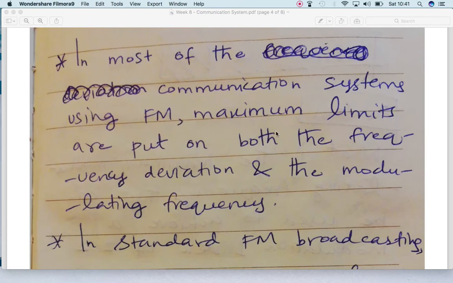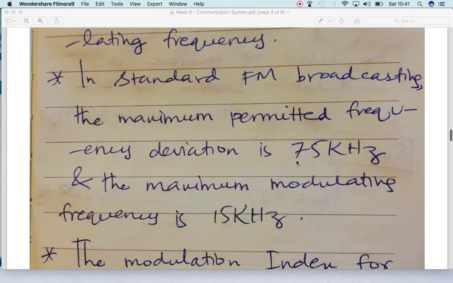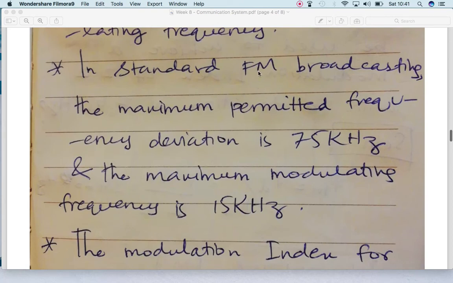Here another important thing is justified by this statement, that in most of the communication systems using FM, maximum limits are put both on the FD, which is the frequency deviation, and the modulating frequency. That limit is explained over here: for FM broadcasting applications the frequency deviation cannot be greater than 75 kilohertz, and the modulating signal frequency cannot be greater than 15 kilohertz.